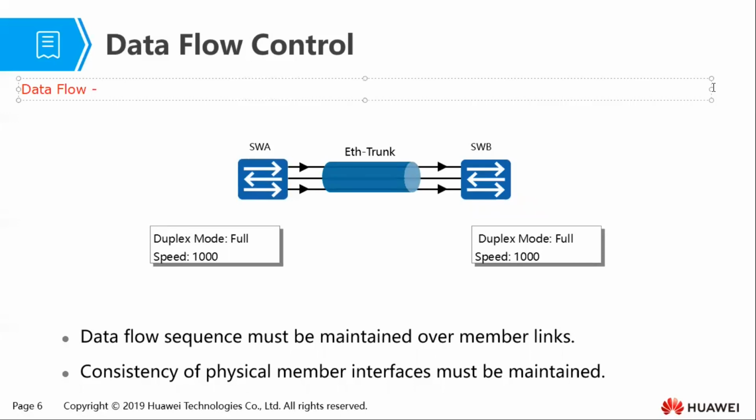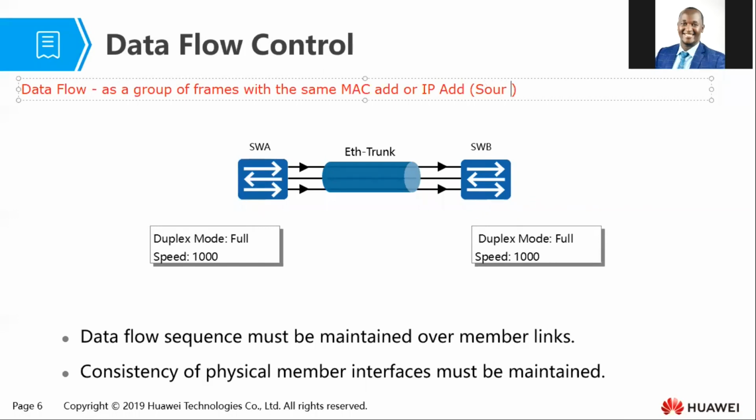Now, a data flow can be thought of as a group of frames with the same MAC address or IP address. So when we talk about MAC address and IP address, we are simply talking about the source and destination.